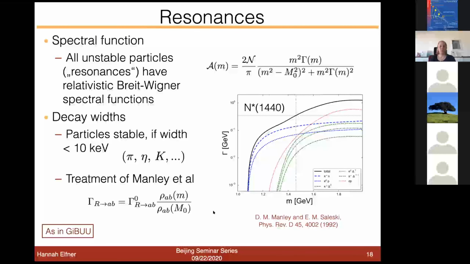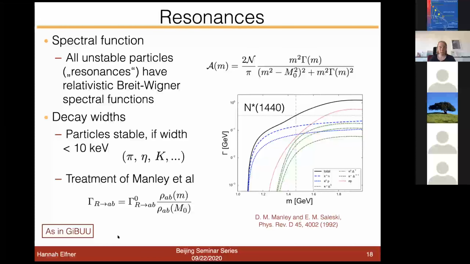And then there are different ways how you can treat the mass-dependent width. So a higher mass resonance will be more likely to decay than a lower mass resonance because more channels are open and more phase space is available. And this we encoded with this framework suggested by Manley and Saleski. And this is actually the treatment that has been chosen in the SMASH transport approach, and that was very successful. So we followed that way here.